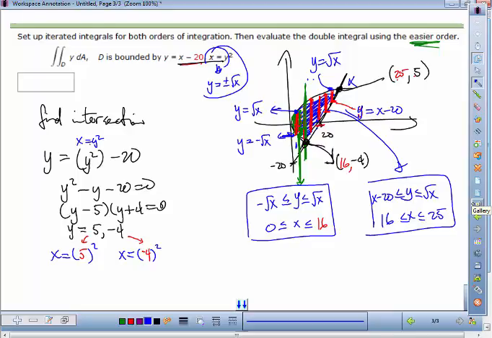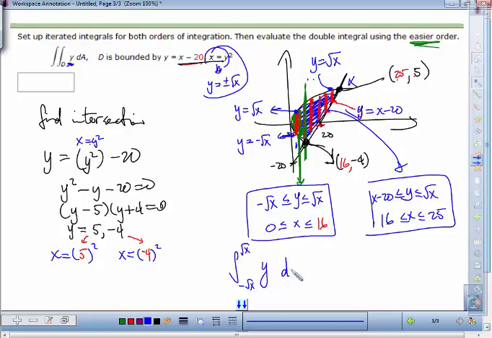All right, so to figure this out, you're actually going to have to add two integrals. So you're going to have the integral from minus square root of x to positive square root of x, and the integrand is just y, dy, and then your outer integral is going to be the integral from 0 to 16 with respect to x.